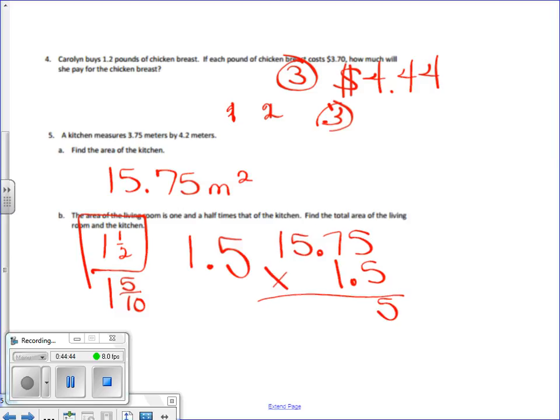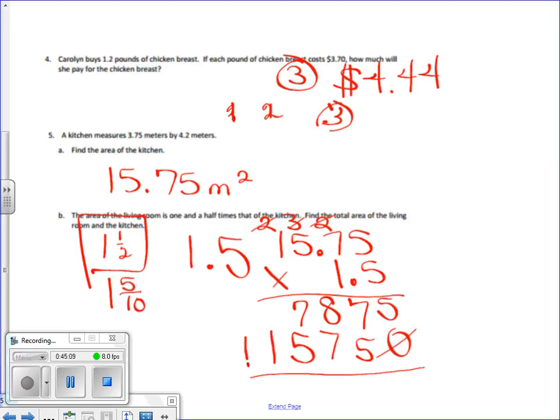25, 35, 37, 25, 28, 5 and 7, and then cross those out so I don't use them again. Add a row, add a 0. And now I'm multiplying 1. So 5, 7, 5, 1. Let me extend the page.